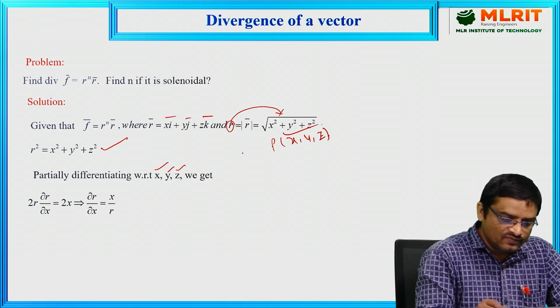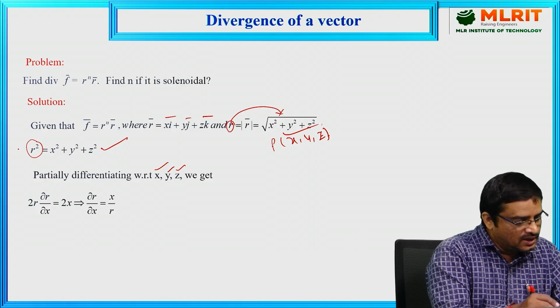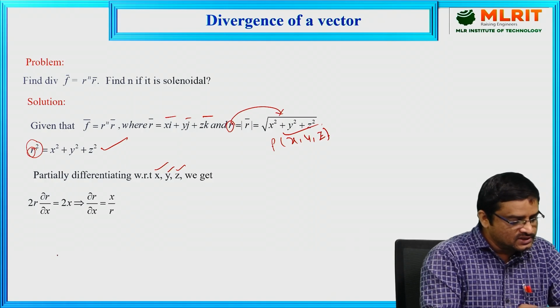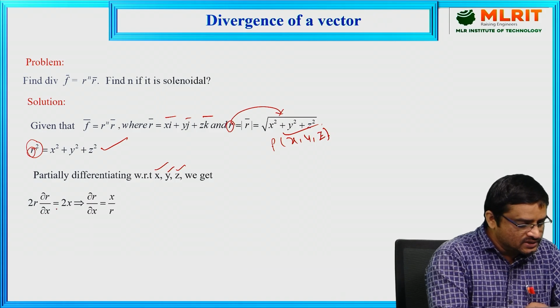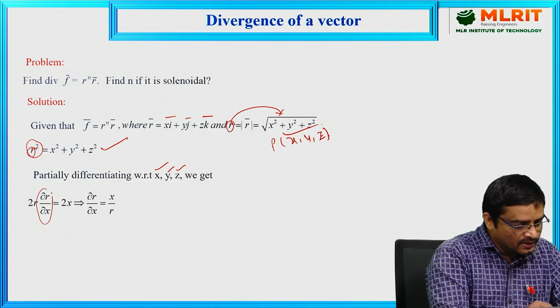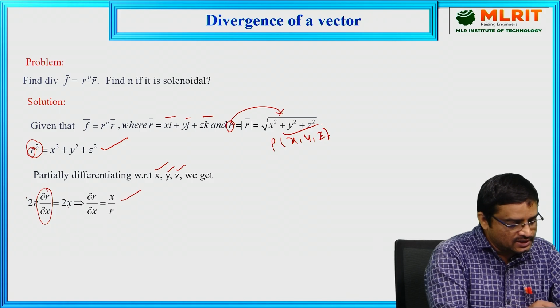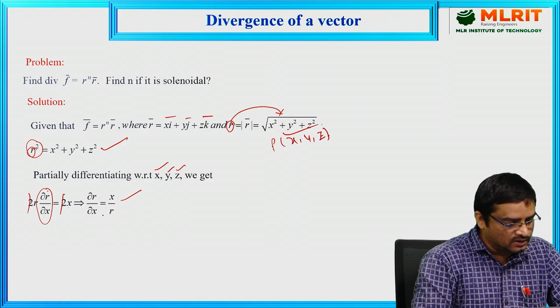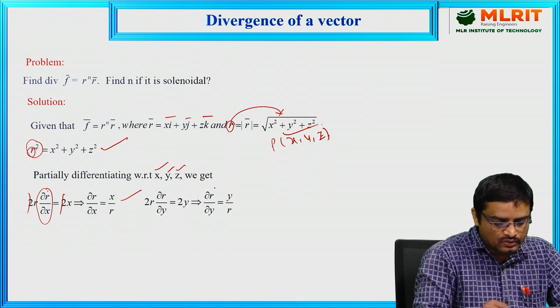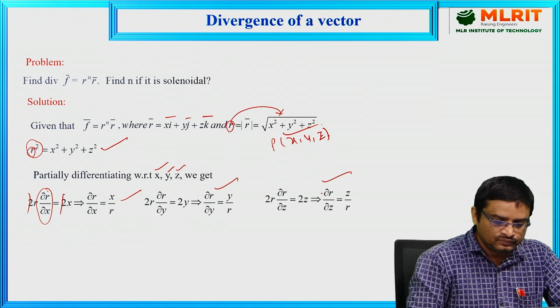So once again, first we apply the derivative for the main function, and then for the sub function, that is 2r dou r by dou x is equal to 2x. Now we want only dou r by dou x, so send this 2r to the other side, 2 gets cancelled, and you will get x by r. Similarly find dou r by dou y and dou r by dou z values here.